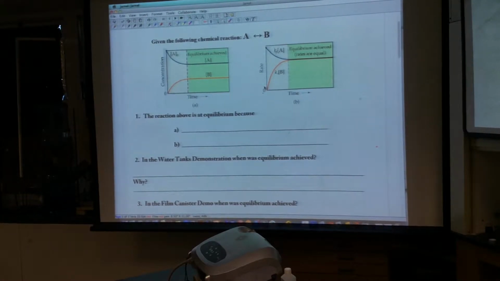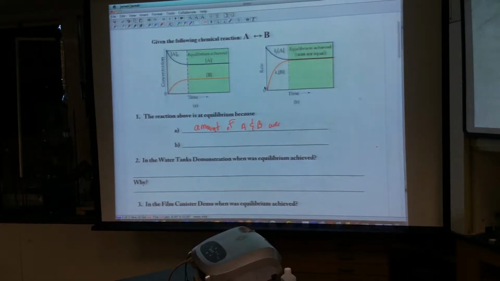The concentrations were constant. Write it: the amount of A and B were constant. That's important. Big word, constant. You will see that pop up like mushrooms on a wet yard.